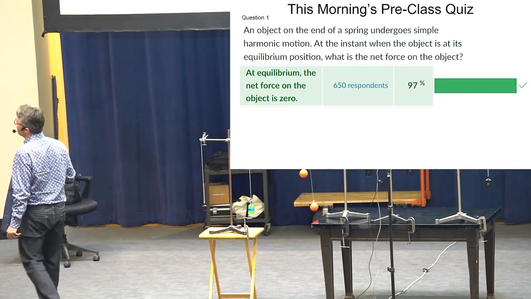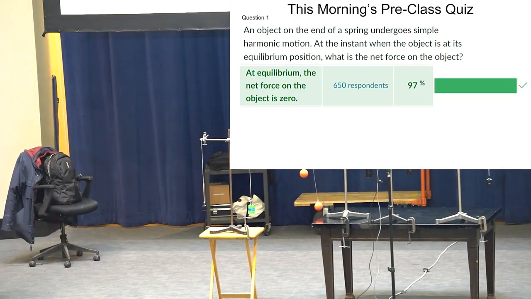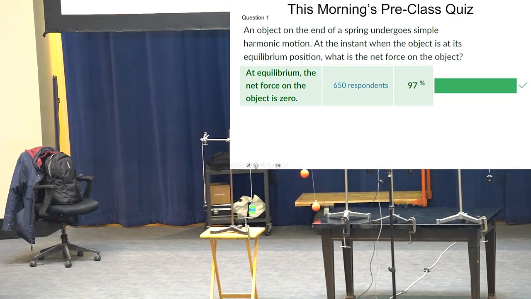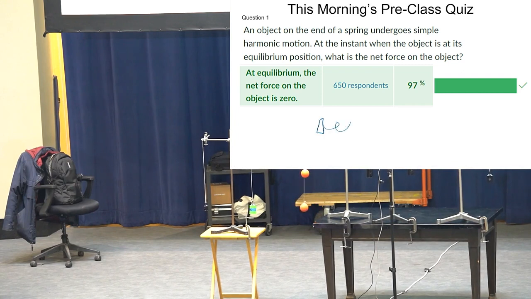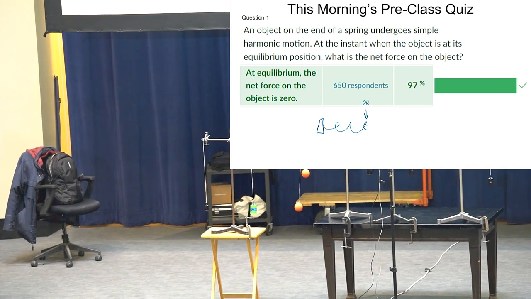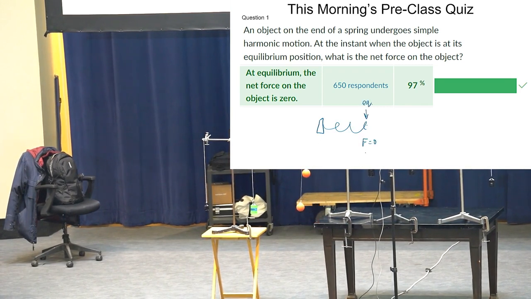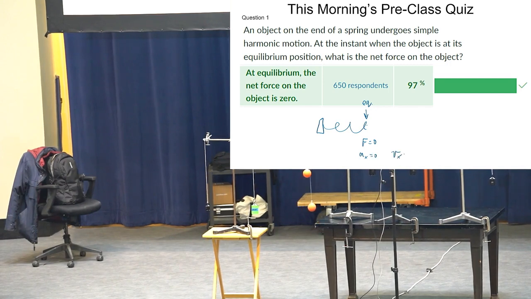So this morning's pre-class quiz: an object at the end of a spring undergoes simple harmonic motion. When you get to equilibrium of the spring, the force is zero. F equals zero, so acceleration in the x direction equals zero, but the velocity does not equal zero.